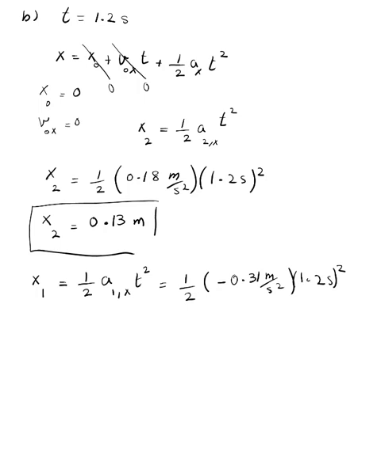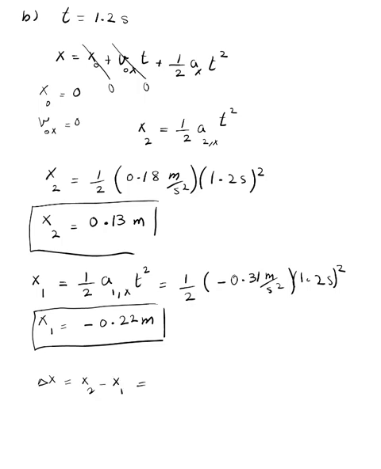So x1 is going to be negative 0.22 meters. And then delta x is x2 minus x1, the difference between them. So it is 0.13 meters minus negative 0.22 meters. So the separation will be 0.35 meters.